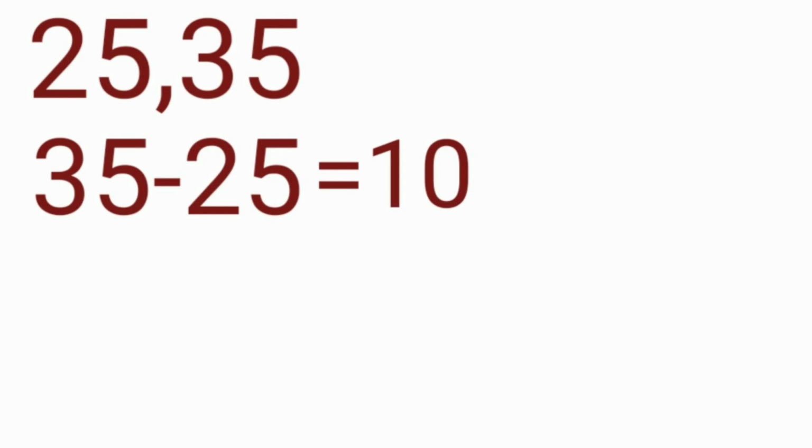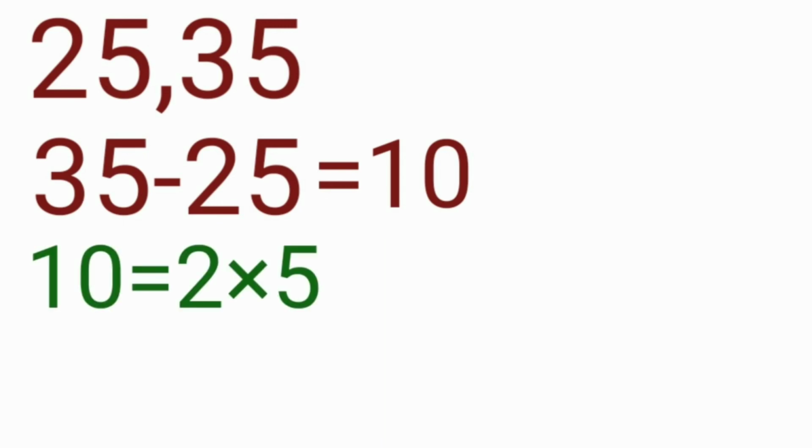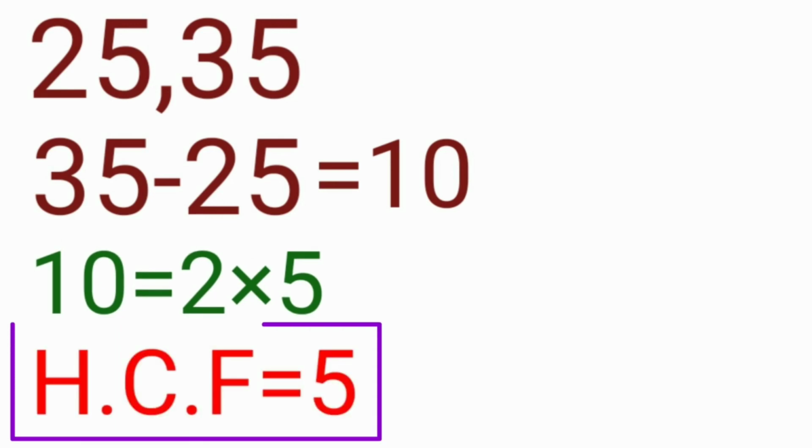No. 35 is not divisible by 10. So we can write 10 as 2 into 5. Now check whether 25 is divisible by 2. No. 35 is not divisible by 2. So check for the next number 5. 25 is divisible by 5 and 35 is also divisible by 5. So the answer HCF is 5.